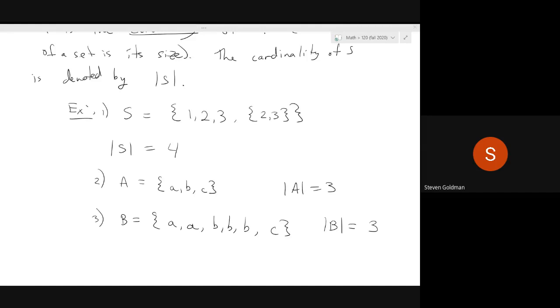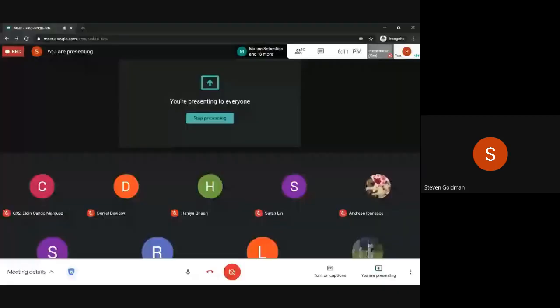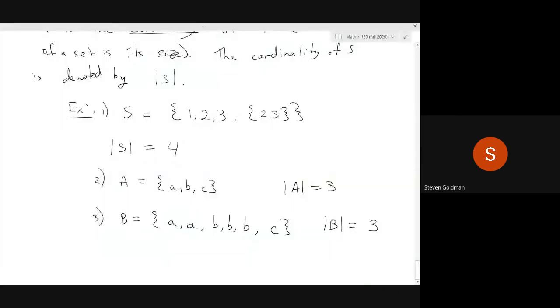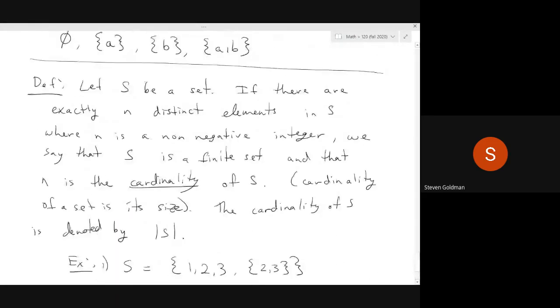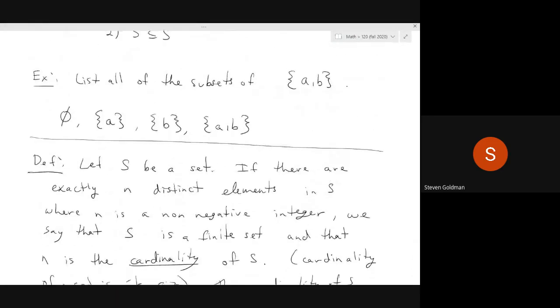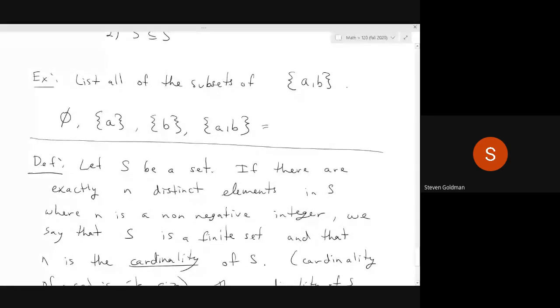Okay. Somebody had a question from before. Is BA also a subset, or would that just be the same as AB? So BA and AB from before are the same set. And why again? Because order doesn't matter. So let me just scroll back for just a moment. Sorry. Going back to this example here. AB is the same thing as BA.